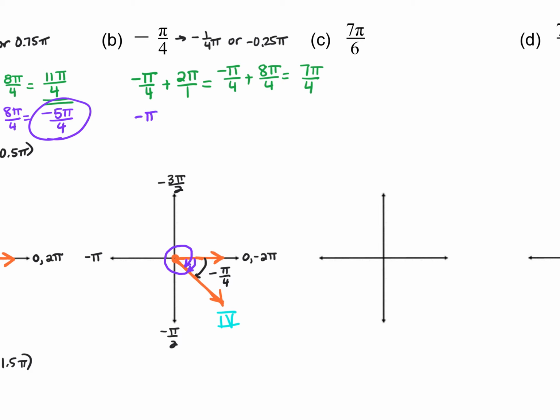So I'm at negative pi over 4, and this time instead of adding 2 pi, I'll subtract 2 pi, which we can probably easily figure out is just saying subtract 8 pi over 4, and what we end up with is negative 9 pi over 4. So our positive angle of rotation is 7 pi over 4, negative is negative 9 pi over 4. Okay, I'm going to pause the video here and try the next couple on your own.